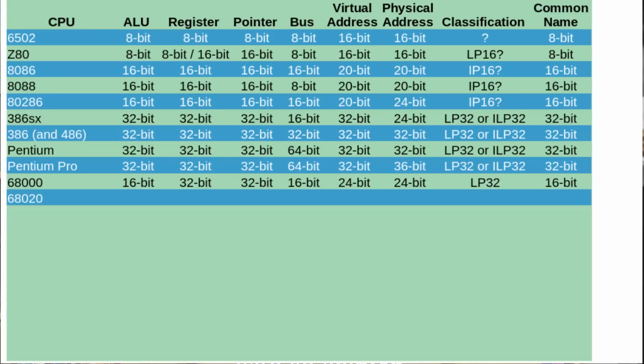68020 extended the 68000 to a full 32-bit ALU, same 32-bit registers, 32-bit pointers. The bus is finally 32 bits. The virtual and physical address spaces are now also 32 bits, and this is where some platforms that use the 68000 started to get into trouble because people said, I mean, the CPU is only going to look at those 24 bits. I have these other 8 bits. I can put stuff there.